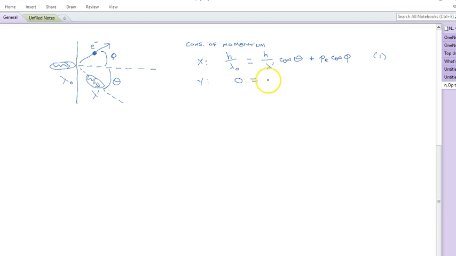I know this is going to be a negative component for the photon, so the magnitude of the momentum is h over lambda prime, but I need the y component, so I multiply that by the sine of theta, and then I have the positive p sub e component in the y direction. So p sub e times sine of phi.